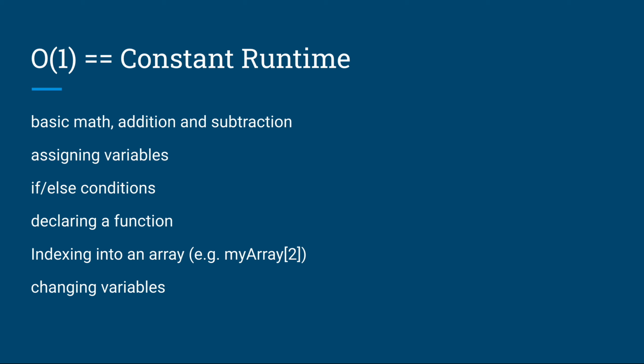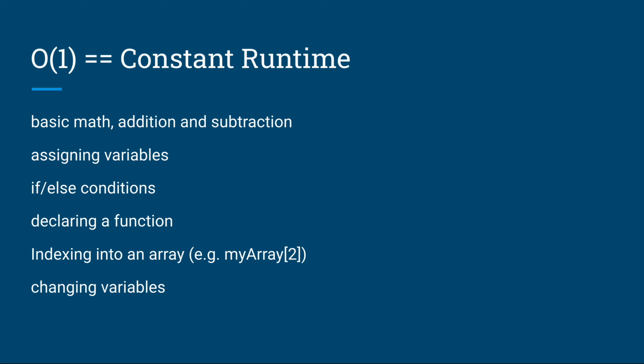Assigning variables, so var a gets 7, right? That is also constant. It doesn't matter how big my input is, it takes the same amount of time. If else conditions, when you declare functions, a function, my function, indexing into an array, so getting a specific element out of an array, is constant.